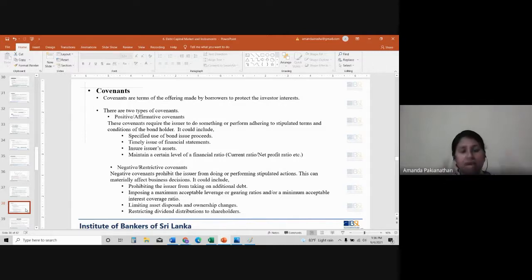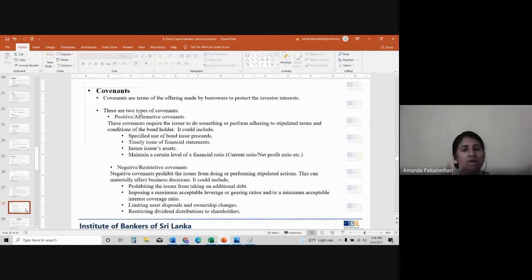But their interest is also available. What is their interest? Ensure that their principal amount is paid back properly and their interest payments are paid at the right time. That means the business has to run smoothly, without any high gearing, without any collapse, things like that.